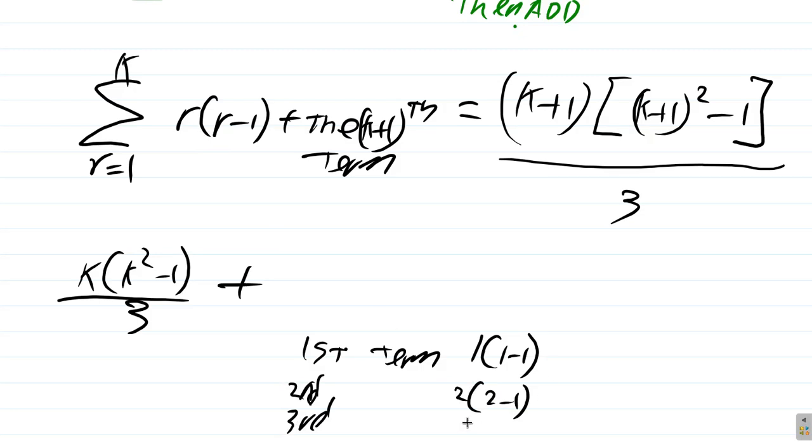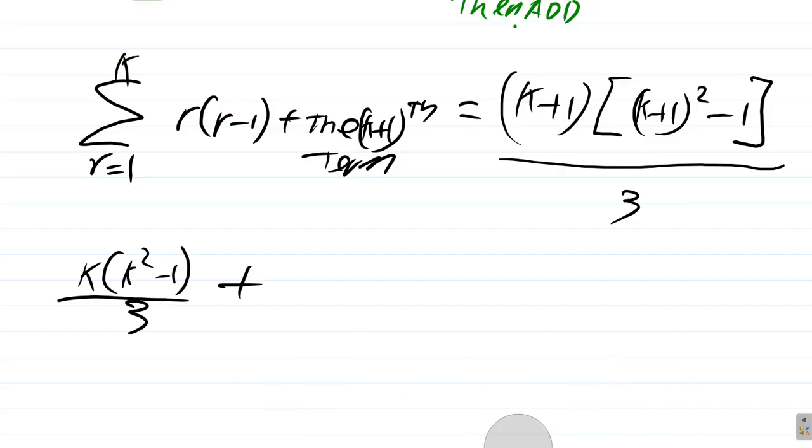The third term is when r is 3, so you have 3 minus 1. And so on and so forth. So first term, r is 1. Second term, r is 2. Third term, r is 3. And so on. So here, in the k plus 1th term, r is k plus 1.